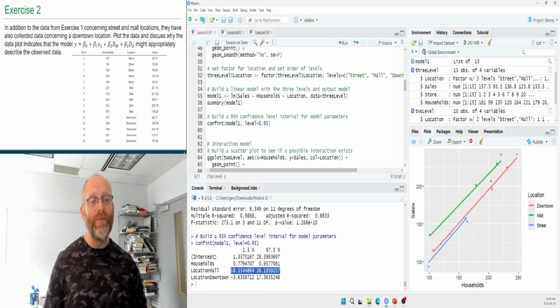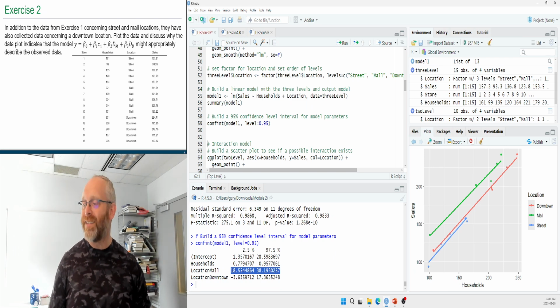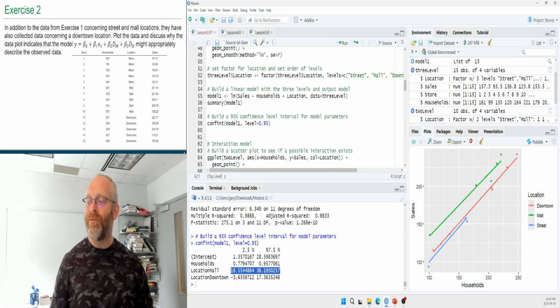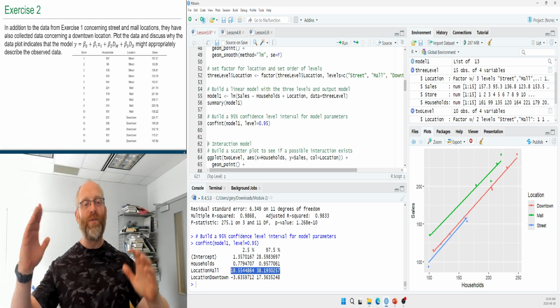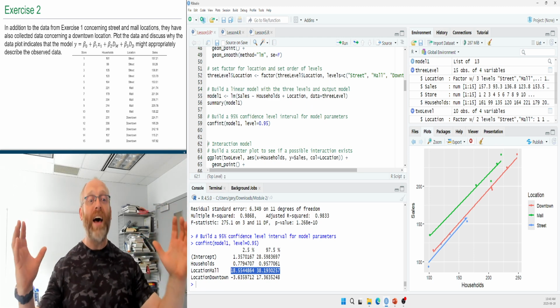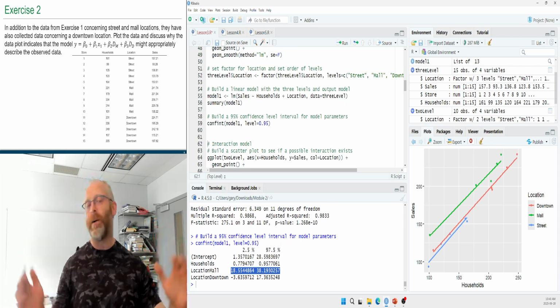Where does the true value lie? Where does my beta 2 actually live with 95% confidence? It's somewhere in the range of 18.554864 all the way up to 38.1930257. So we've taken that estimate, gone to the left, gone to the right, and said the true value is somewhere inside of here.